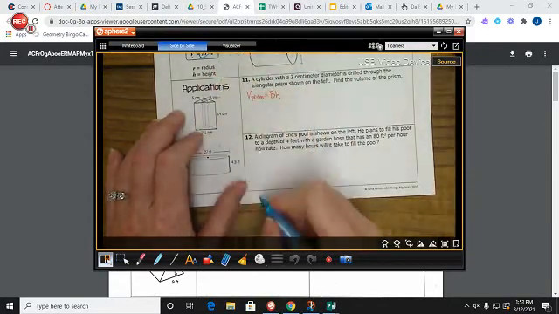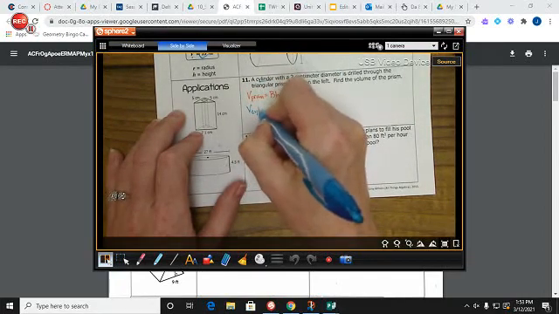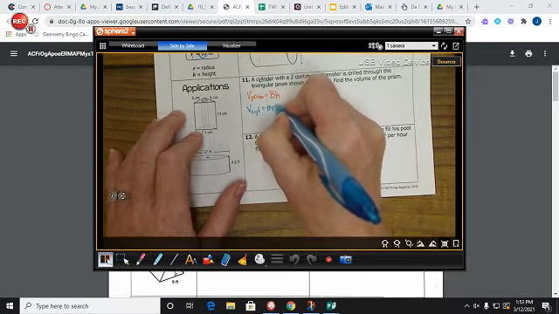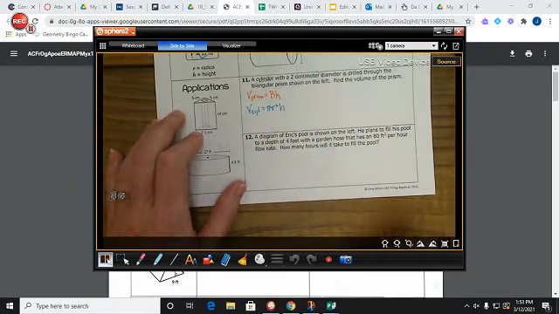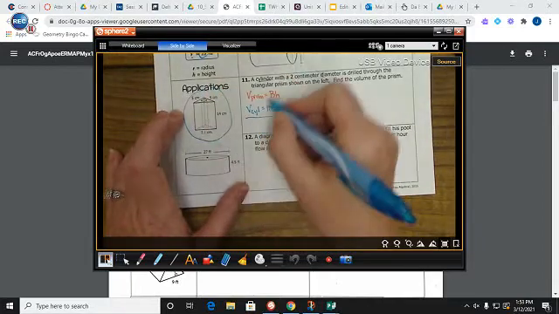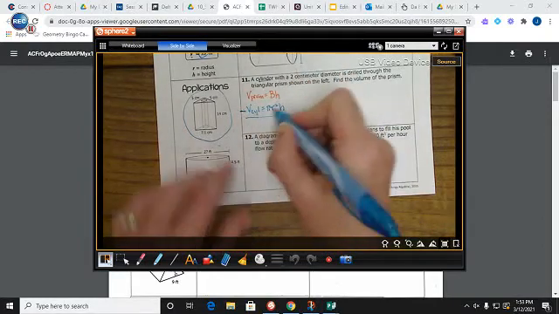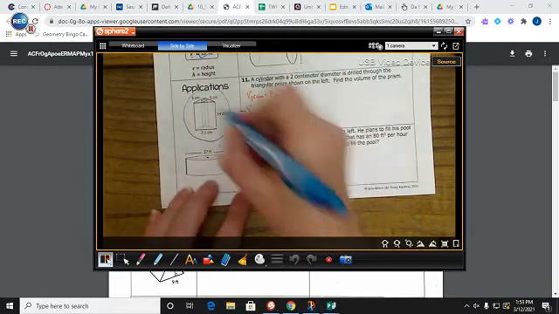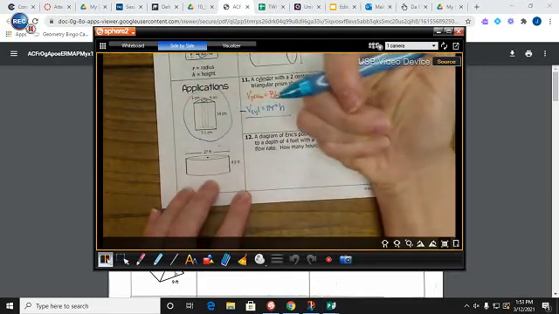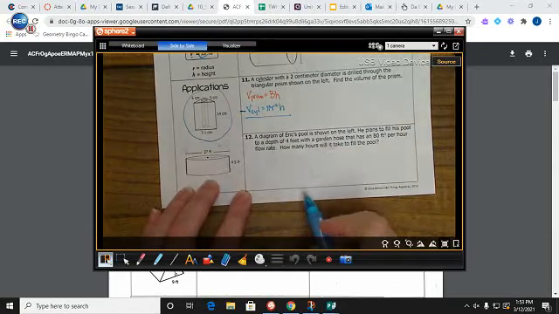But I've also got this cylinder, and the volume of that cylinder is going to be pi r squared times height. And to find the volume of this shape, I'm going to have to take that prism and subtract that cylinder that got drilled through, because that's a hole. It's gone from my picture. So I'm going to have to do this one minus this one.